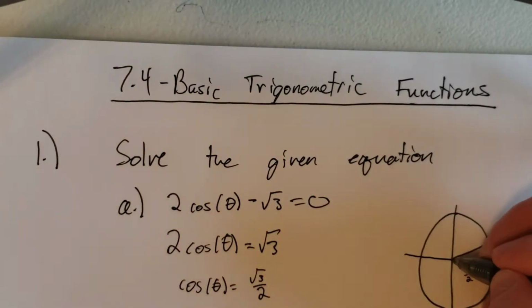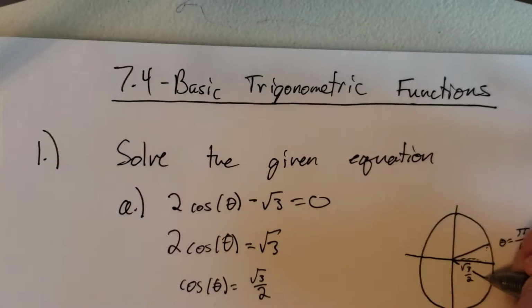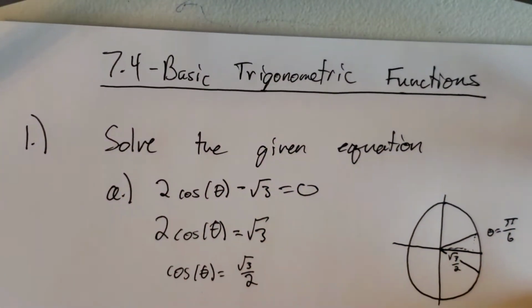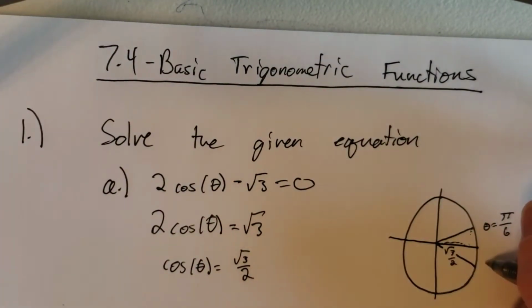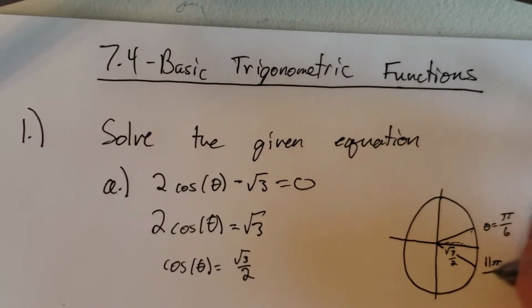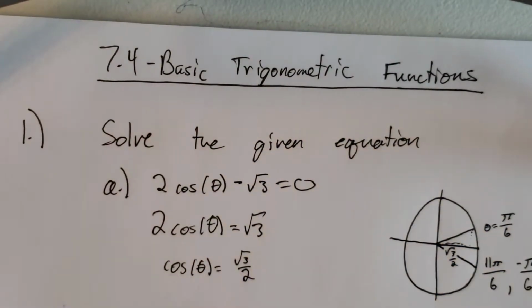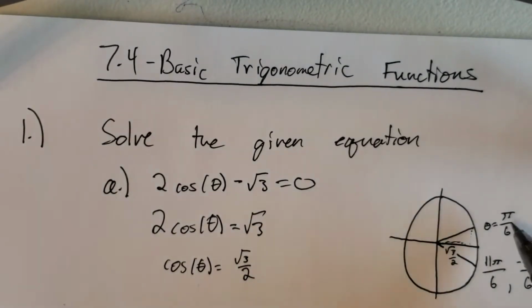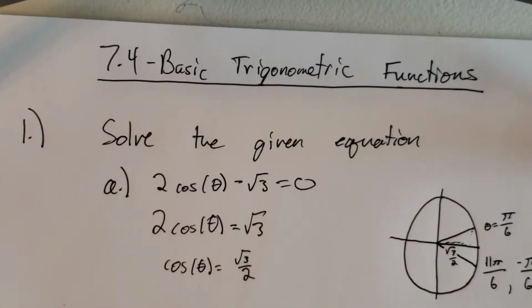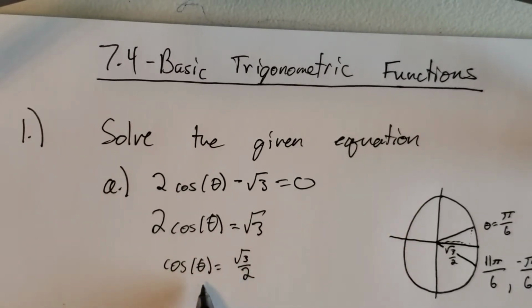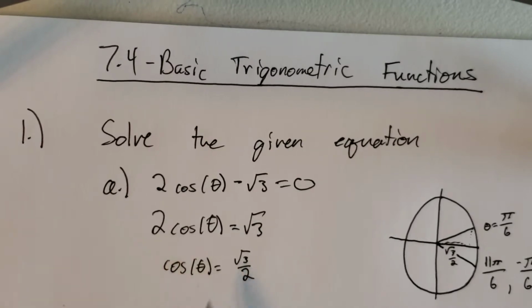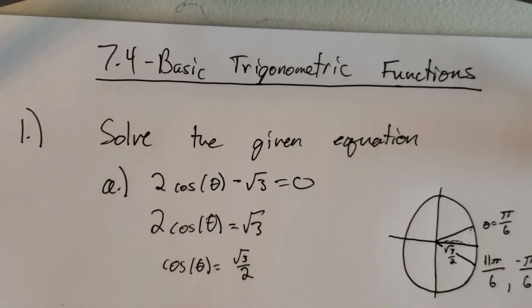The other angle here is 11 pi over 6, or the same as negative pi over 6. So our two angles are pi over 6 and 11 pi over 6 if we're bounding our domain between 0 and 2 pi. And both of those would give us cosine of theta is equal to square root of 3 over 2 for those two given thetas.